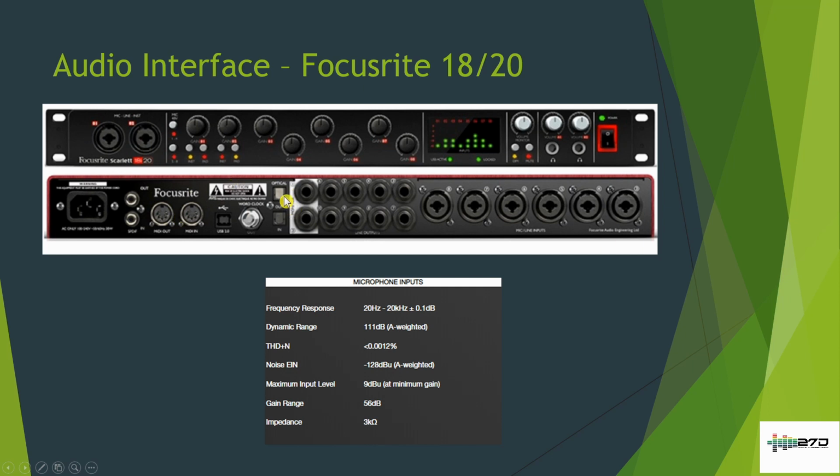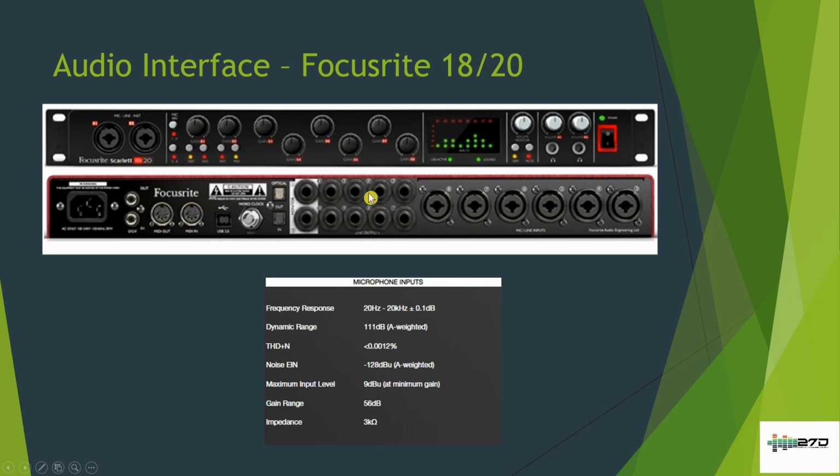We've got these 2, what they call ADAT light pipe, that allows you to expand the inputs so we would have 16 inputs and 16 outputs. You've got 10 outputs, 2 for your monitors and 8 to go wherever.